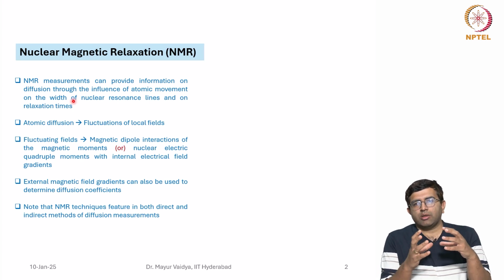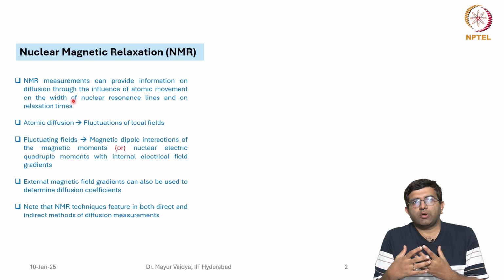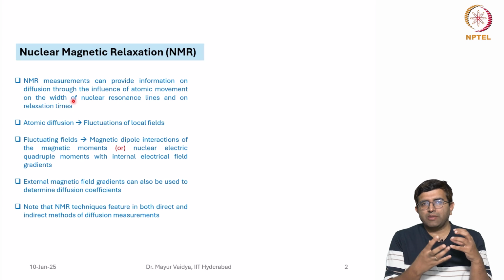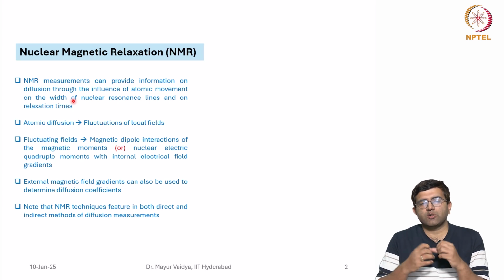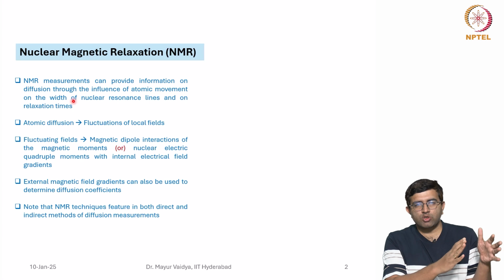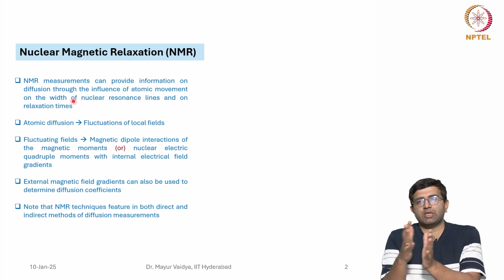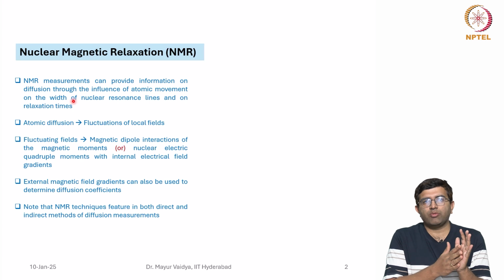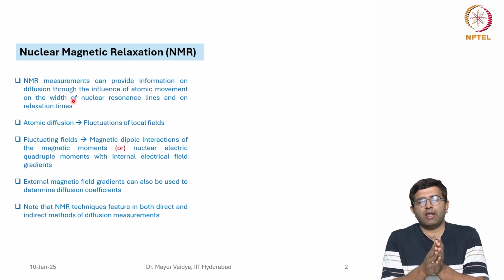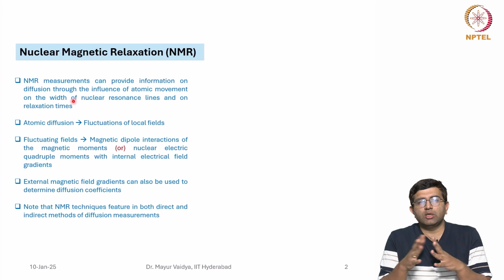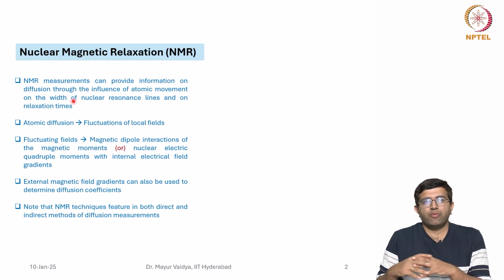So this is the basis of all the different NMR methods that we are going to talk about: the different types of nuclear resonance lines or the relaxation times, what happens when there is no diffusion of atoms and what happens when there is diffusion of atoms. This influence of atomic movements on the width of these lines or on the relaxation times is what helps us deduce the diffusion coefficients.